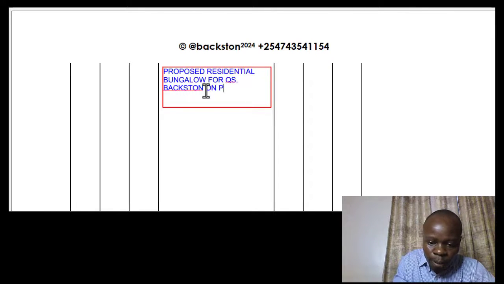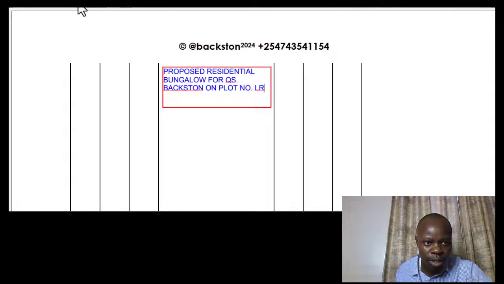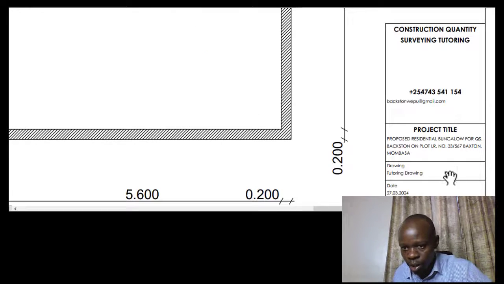Okay, on plot number LR, just state everything that is there. 33/567.